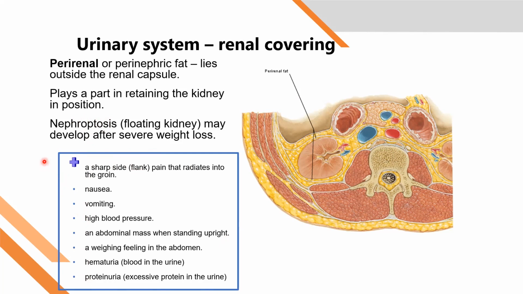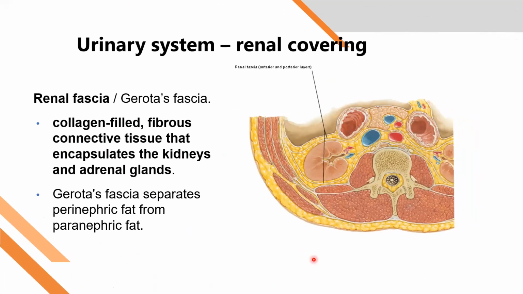That person might experience sharp side pain, nausea, vomiting, hypertension, and an abdominal mass when standing upright, because they can actually feel that the kidney is moving. A weighing feeling in the abdomen, that's heavy. Also hematuria, blood in the urine because of the movement of the kidney, and proteinuria, excessive protein in the urine. Okay, that fact is just nice to know.